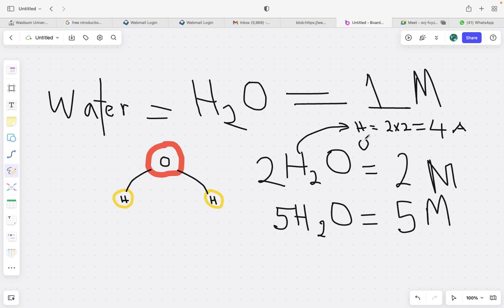Oxygen will be 2 because it's 2 times 1. There's 1 here, even if we don't write it. In science, normally we don't write 1 when we write it with variables. So you say 2 times 1, which is equal to 2. 2 atoms of oxygen.